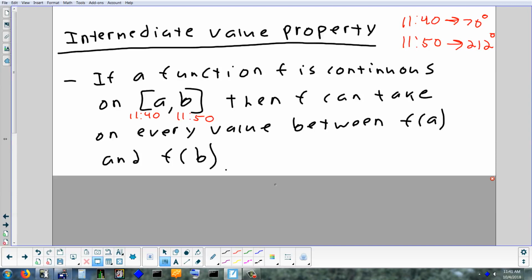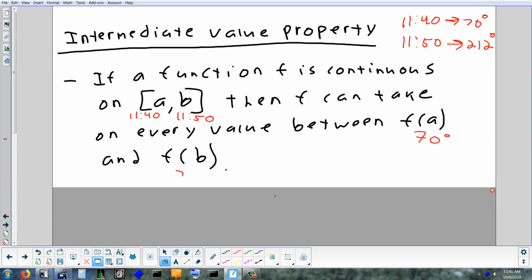So if we have some function that is continuous, then that function will be able to take on every value between the start and the stop. So our start value was 70 degrees, our stop value was 212. So we will go through every single value in between.